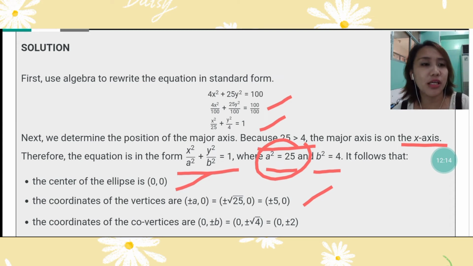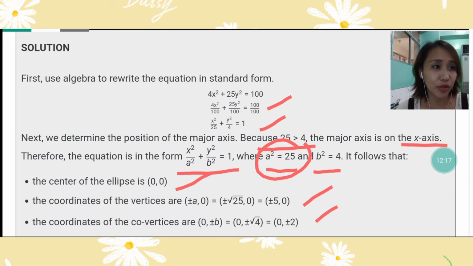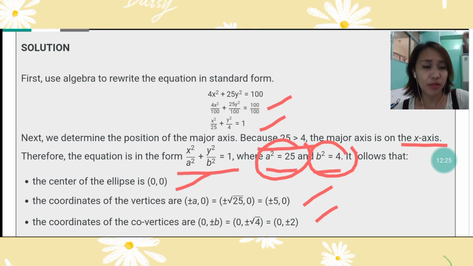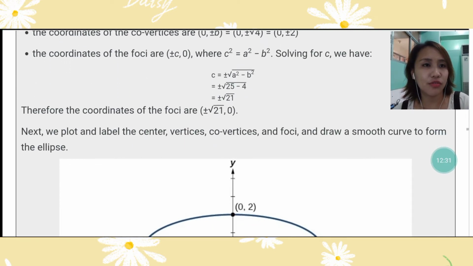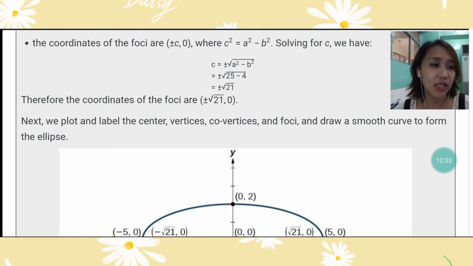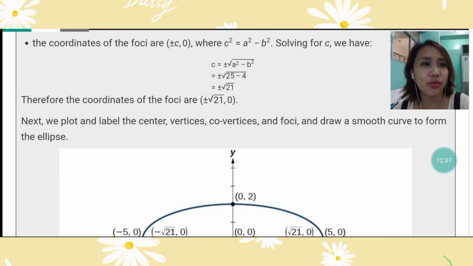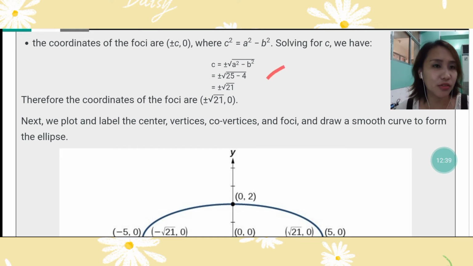And for the co-vertices, the endpoints of the minor axis, since b squared is 4, solve for the square root of 4, which is 2. So that's 2 units up, then 2 units downwards. After that, we solve for the value of c, again using the formula. We know that a squared is 25 and b squared is 4.